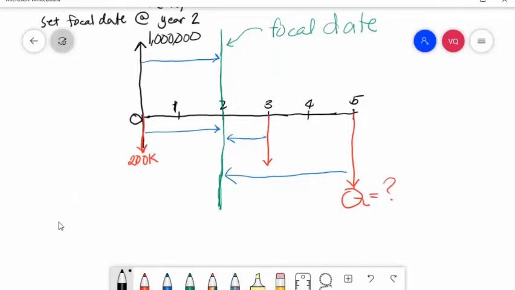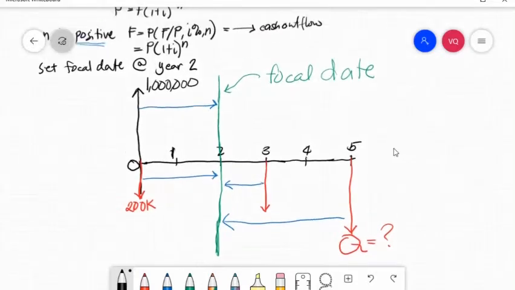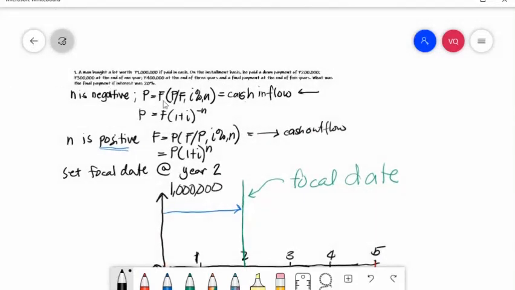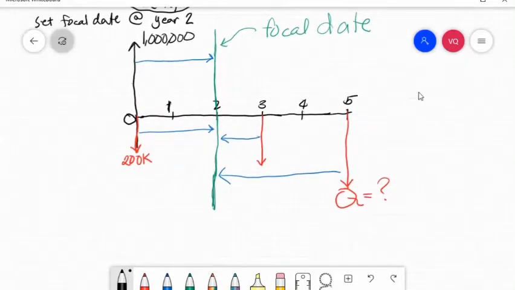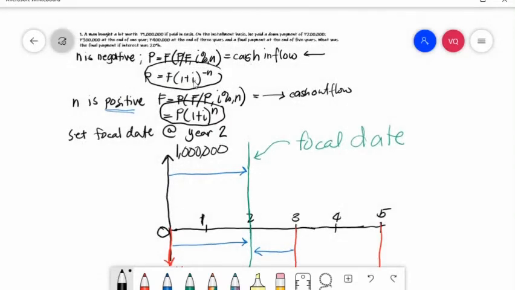So, 1 million, since this is from left to right, we will have P multiplied by F slash P, i percent n.